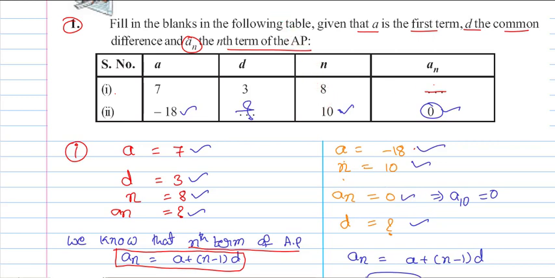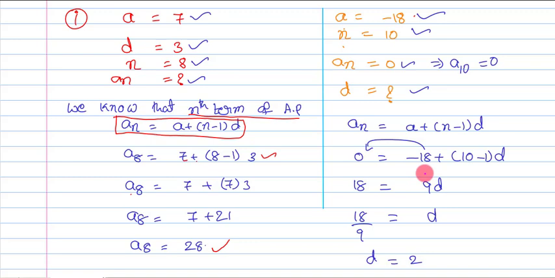Here also I am going to make use of the nth term of the AP formula, a plus (n minus 1) into d. The nth term an is 0, so 0 is equal to a, that is 18, plus (10 minus 1) into d.